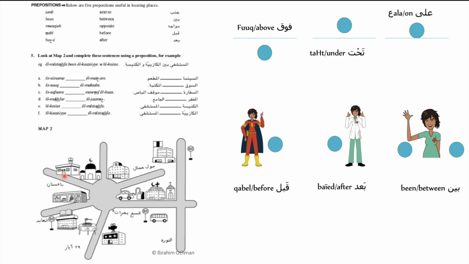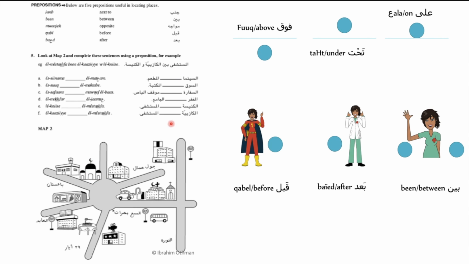So we've got police station, mosque, bank, embassy, سفارة, كازية, مستشفى, hospital, كنيسة is a church, cinema is a cinema, مطعم is a restaurant, مكتبة is a library, موقف باص is a bus stop, سوق, market, مخفر is a police station, جامعة is a university.